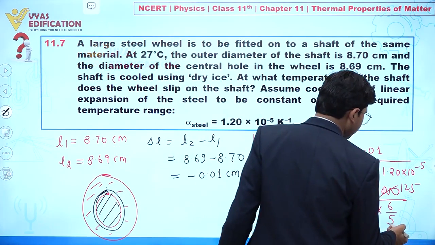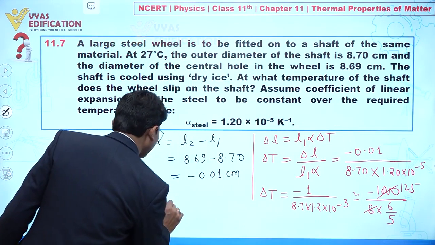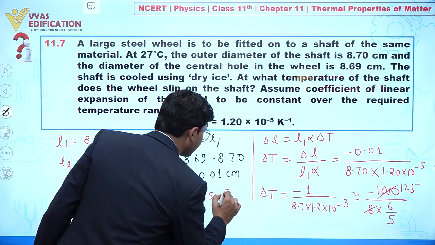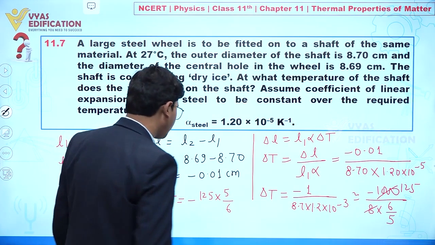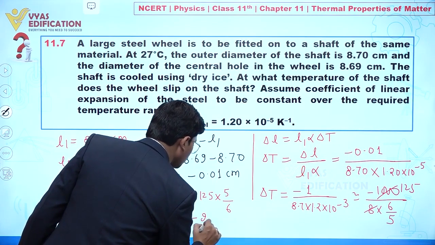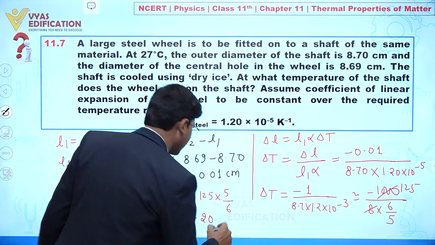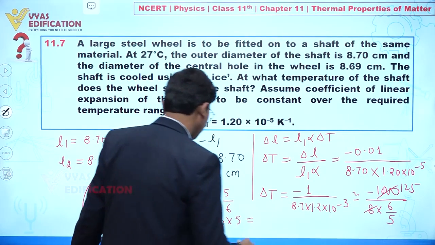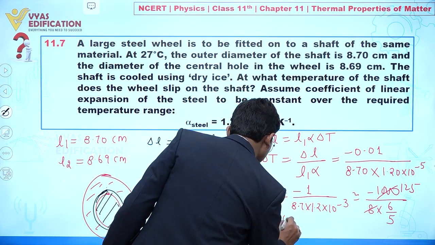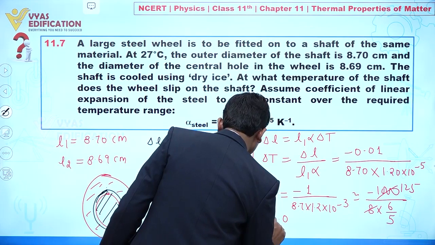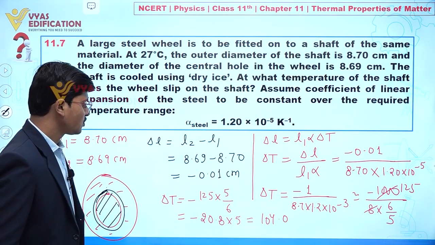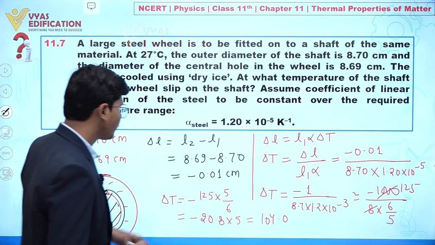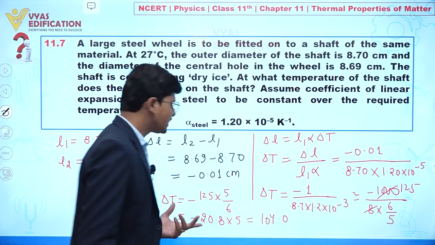So delta T is equal to minus 125 into 5 by 6, which is minus 20 into 6 into 5, so this should be equal to 104.0. This is the value of delta T.